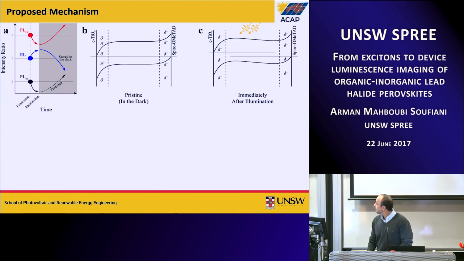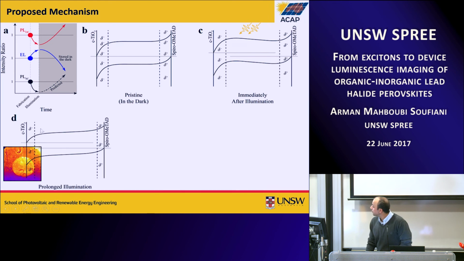As a result, you have a lower electric field at the interface, assuming that you have a similar amount of charge as in the dark. At lower electric field, your series resistance is reduced. That's why right after prolonged illumination, you have higher EL intensity.